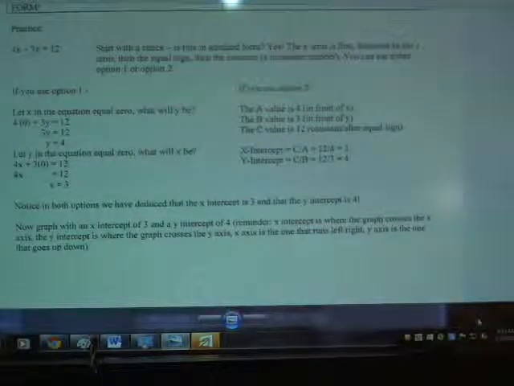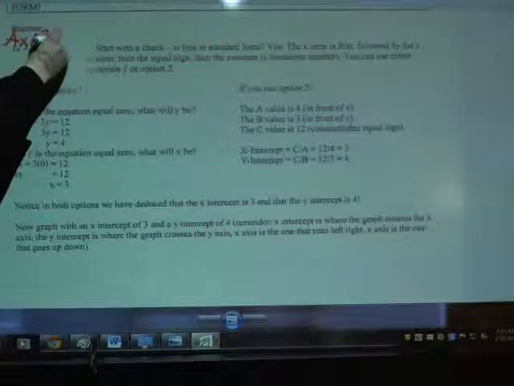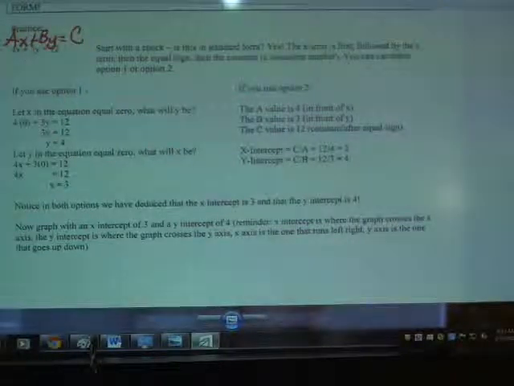Now, if you want to try it with option 2, you have to make sure it's written that specific way. It's got to be written with the x term first, the y term second, and then the equal sign and the number. Once we do that, we identify what corresponds with A, B, and C. A in the form is whatever's in front of x, so A is 4.